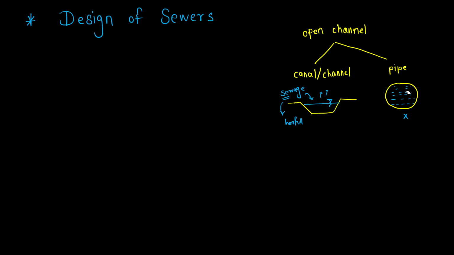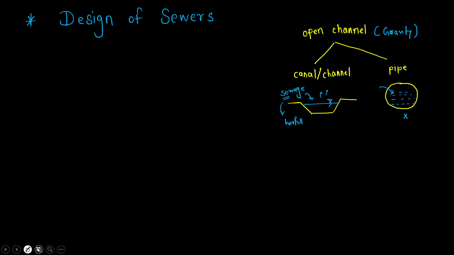However, if it is, let's say, 75% full, then this also comes under the category of open channel flow. In open channel flow, the major flow of the liquid is due to gravity, not due to pressure. As it is not completely filled, the sewage flows under the influence of gravity.